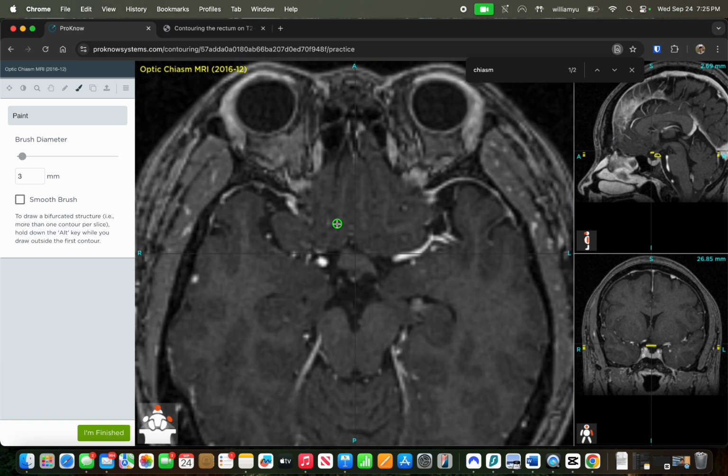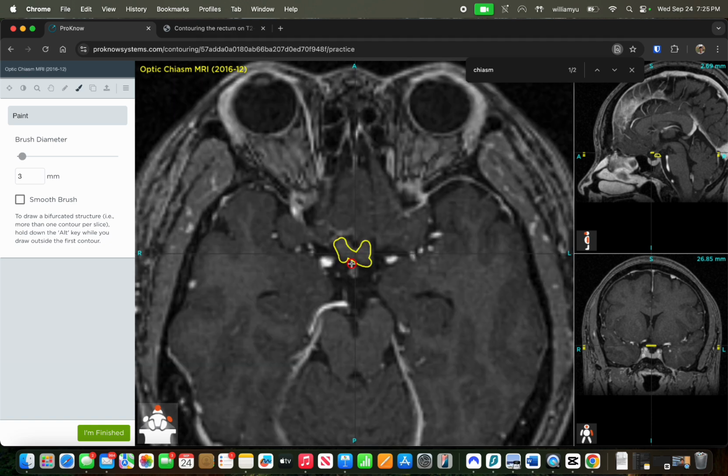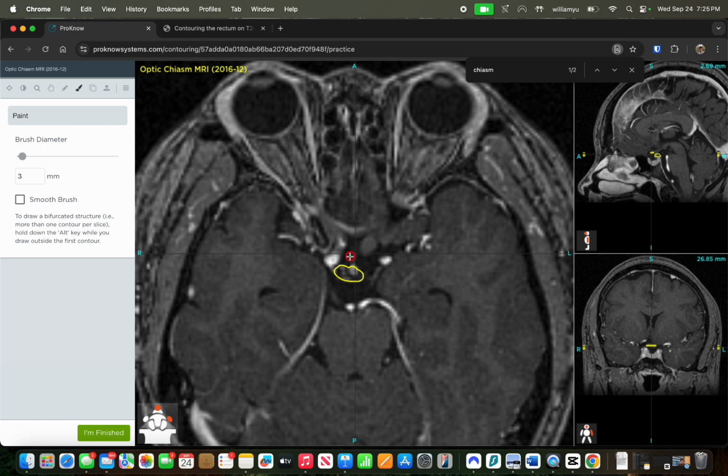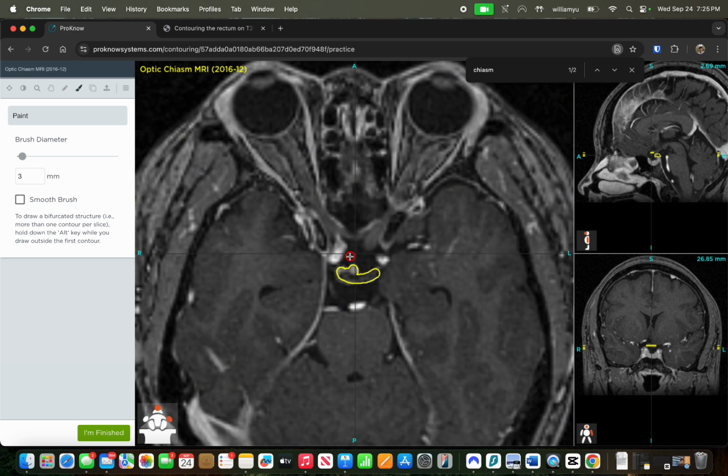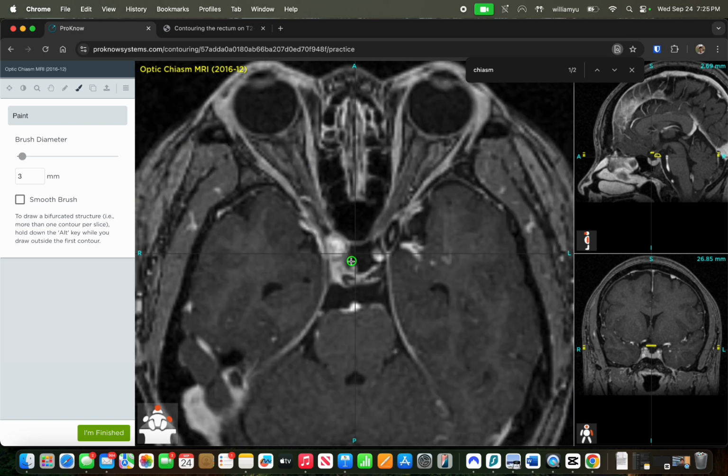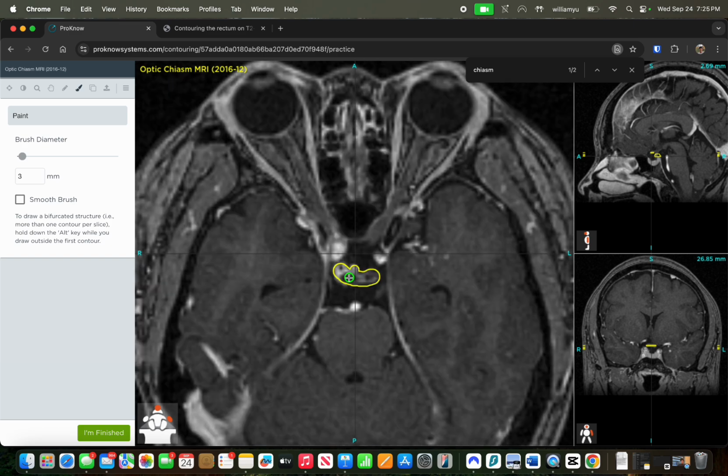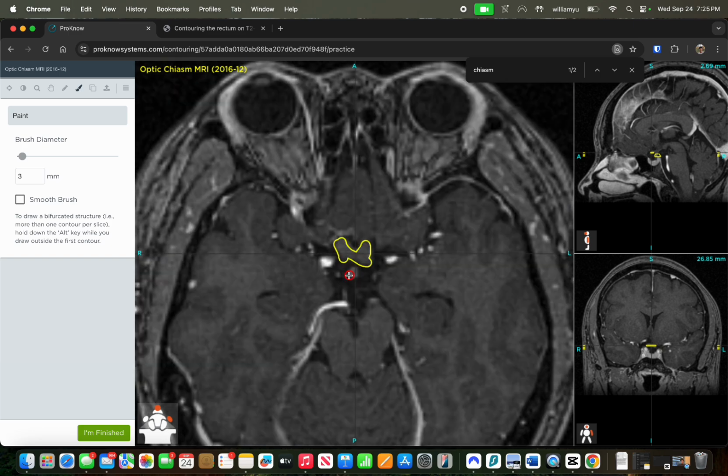I just have to look for what I think is the chiasm, and as I go inferiorly, it should connect to the optic nerve. So here, yeah, this is optic nerve. This must be chiasm. If I go inferiorly, I should start seeing the posterior portions.